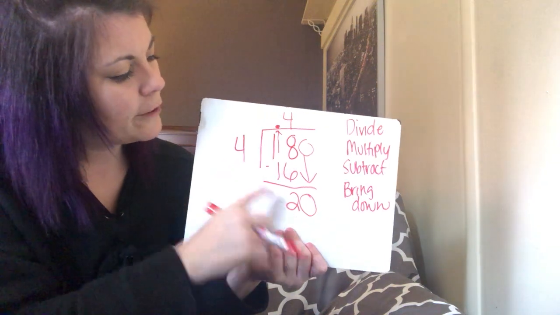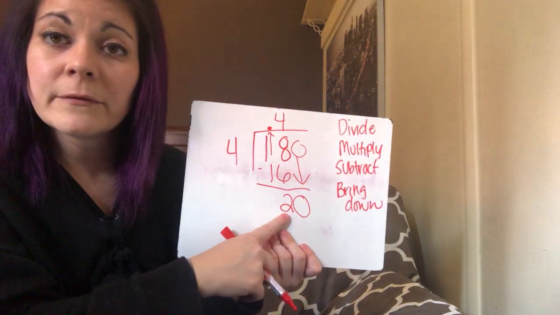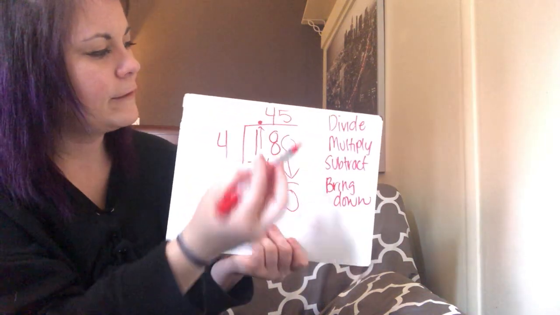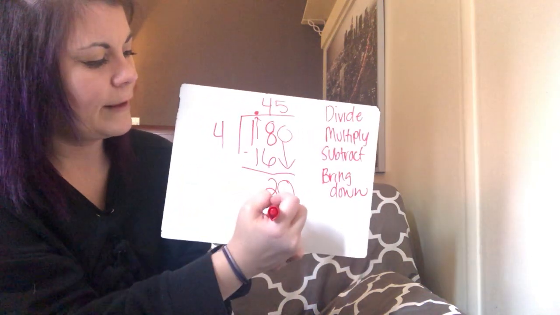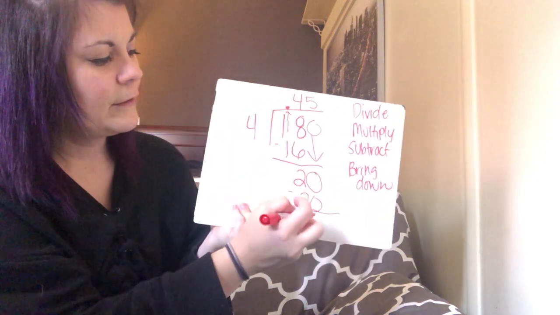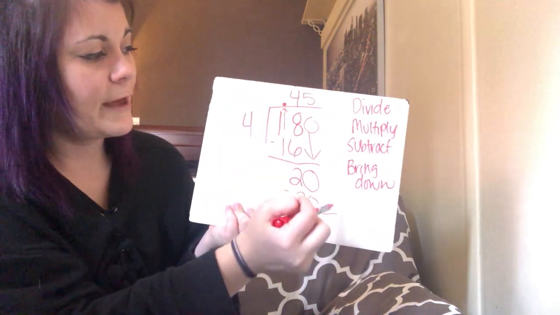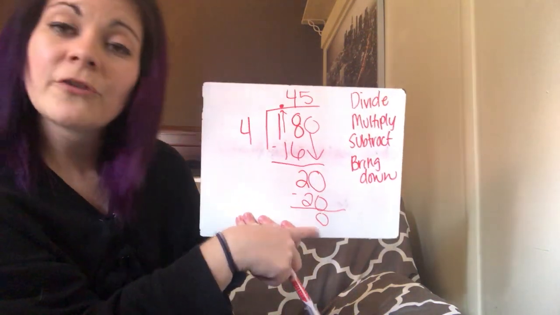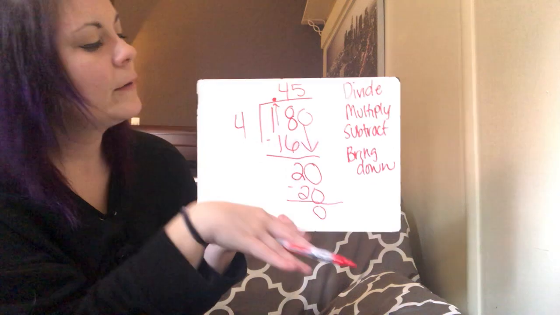Well, now 4 goes into 20. How many times? 4 times 5 is 20. So we'll do that. 5 times 4 on the second step, multiply. The third step, subtract that. And then the fourth step, bring down. No other number to bring down, and we have a remainder of 0, so we can stop, okay?